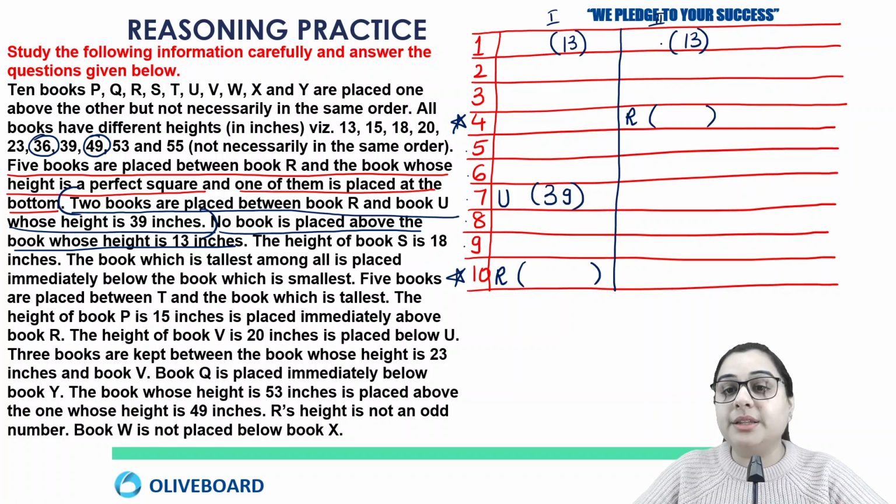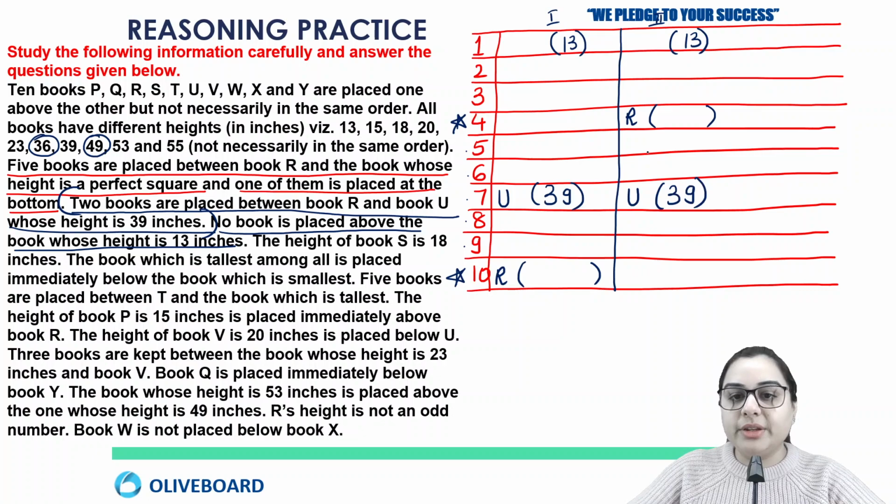So we write U and 39 inches downward, leaving two positions below R. So in both possibilities, U and 39 come on the 7th position.